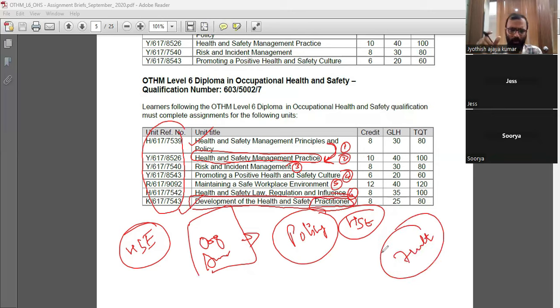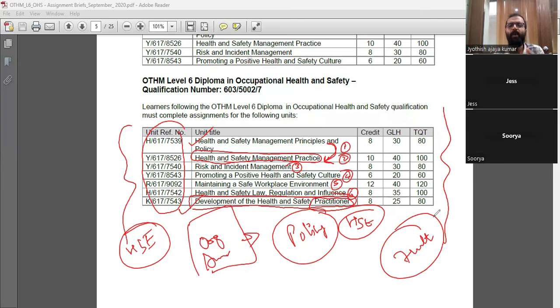Okay, when you are taking these units, if you are learning this by heart, it will be very tough. But if you go with a step-by-step approach, this is very easy. First, you have to take an organization. When you are taking an organization, the first thing that will come into place is the health and safety policy, right? Once you develop policy, there would be health and safety management practice in that.